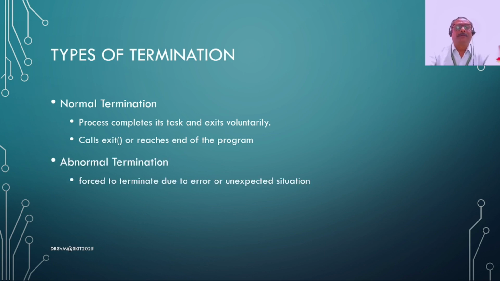Then there may be abnormal termination, where the process is forced to terminate due to an error or unexpected situation. Say you are trying to use some instruction that you are not supposed to, such as divide by 0. You are trying to divide something by 0, and it is going to go into an infinite loop. We want to make sure that you don't divide anything by 0. But what can we do?